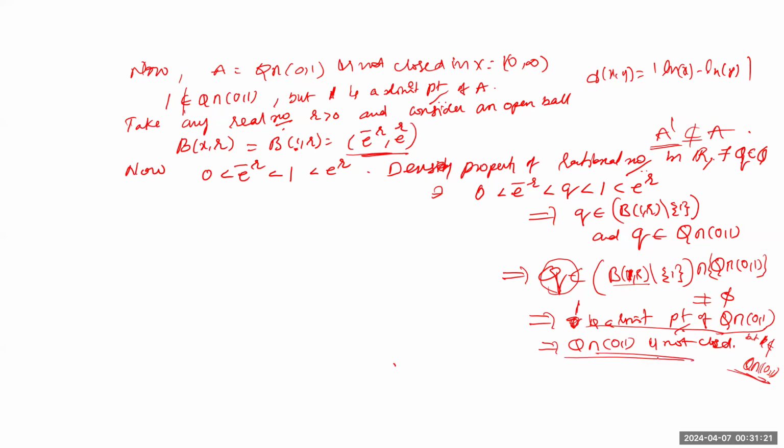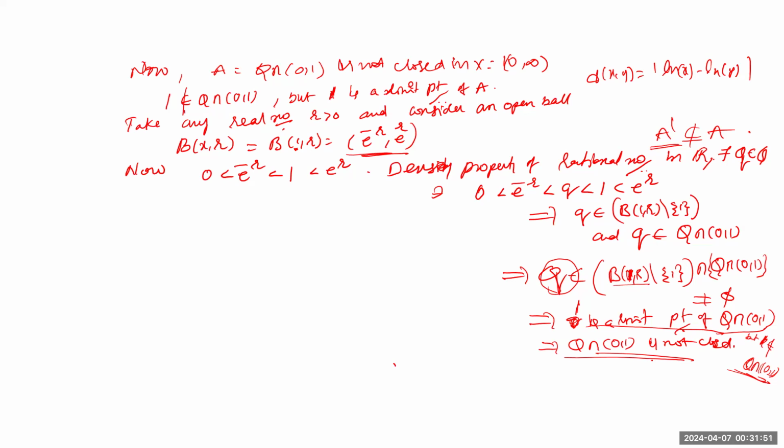That's why the set is not closed. However, if you consider the discrete metric on Q ∩ (0, 1), then it is open as well as closed, right?